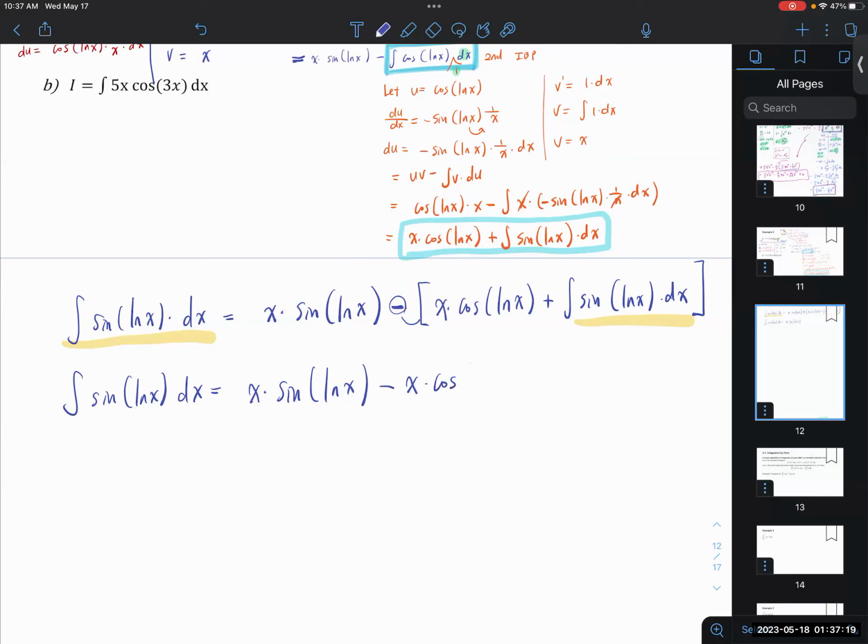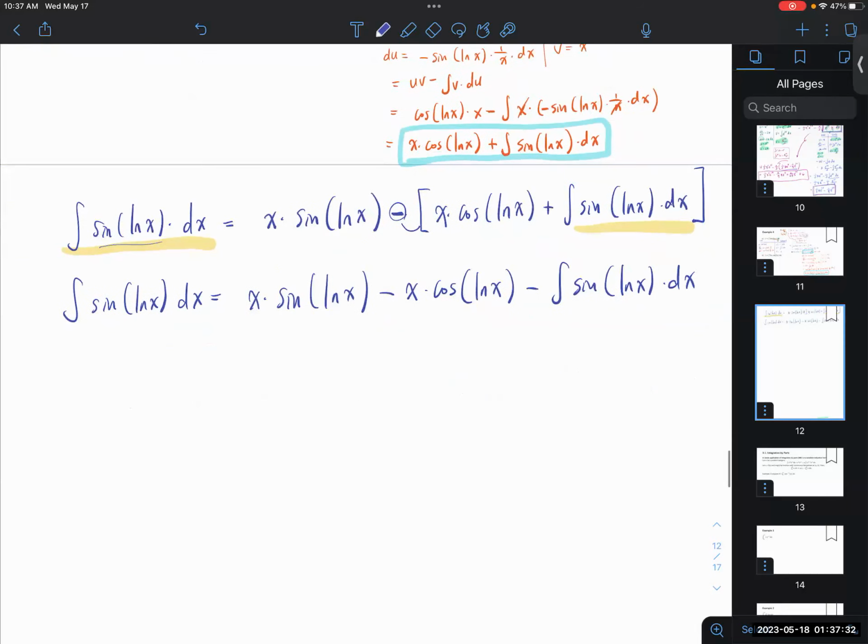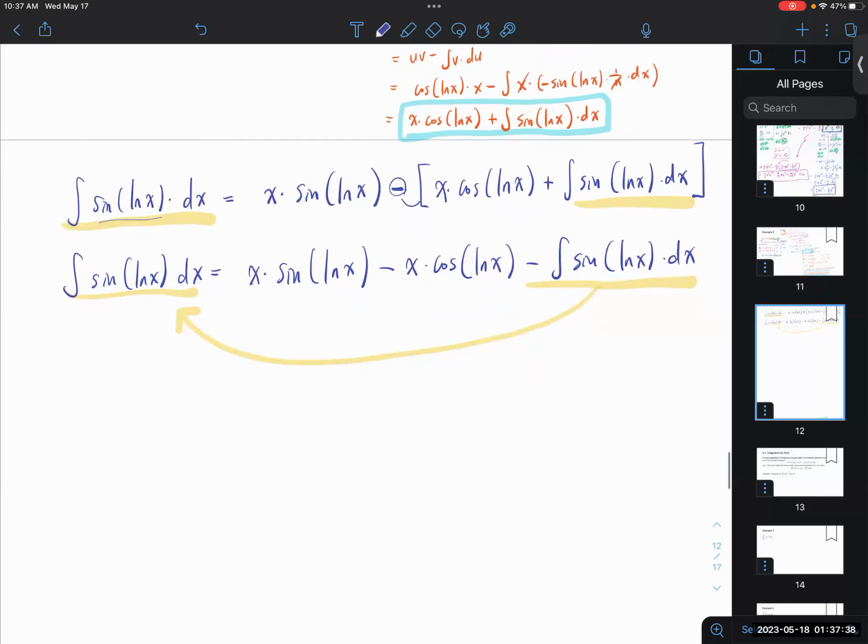So cosine ln x, negative, positive, negative integral sine ln x dx. Because we want to know what the integral of sine ln x is. Since they are the same, can I move this one to the other side, like an equation? So I'm adding integral sine ln x dx on both sides. So now I'm moving this one to the other side.